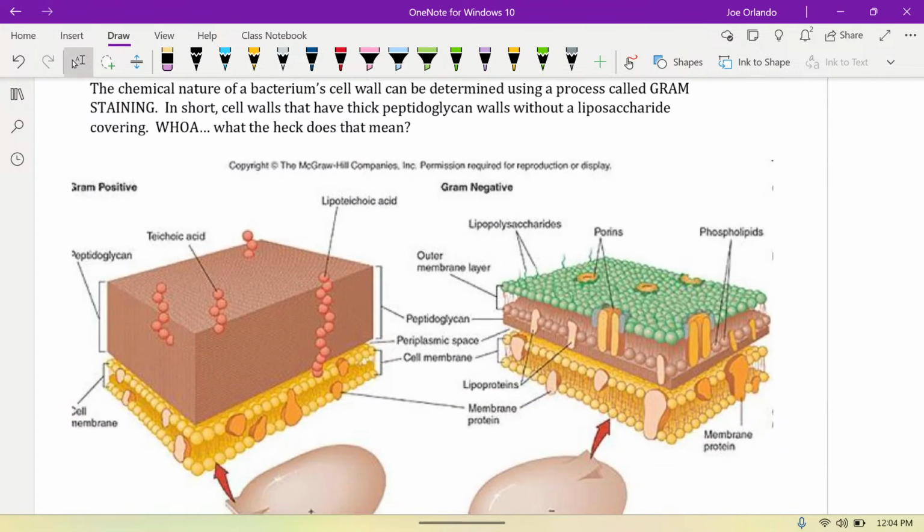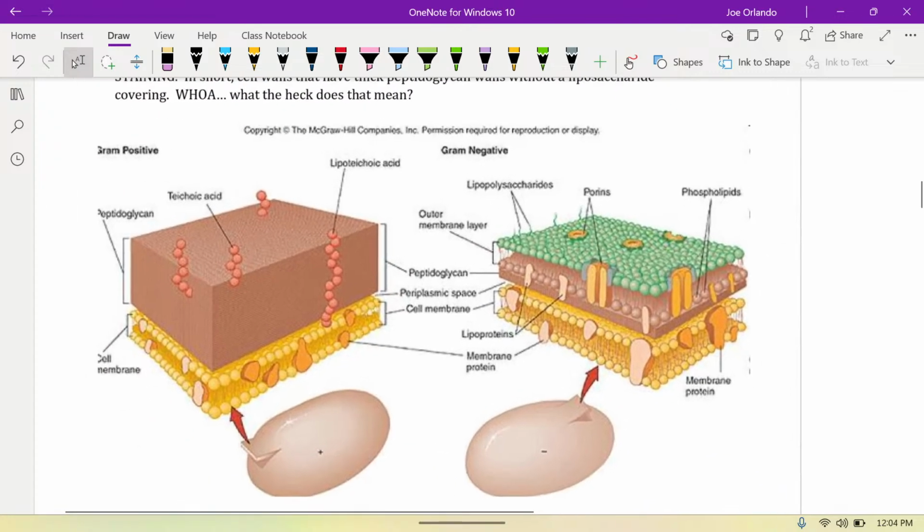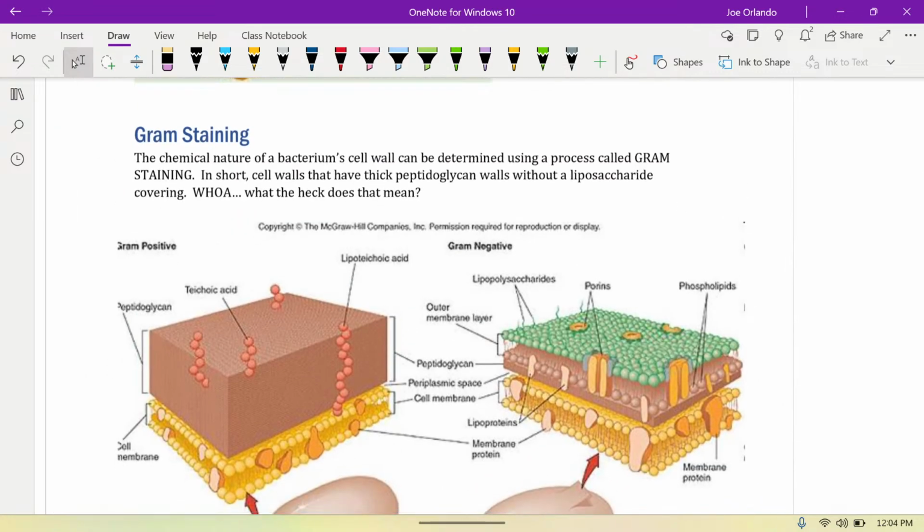And basically, if you take a look here, this is more detail than you really need to know in high detail, except to say that we said that every bacterium has a cell wall. Well, some of them have a cell wall where this molecule peptidoglycan is the outermost surface.